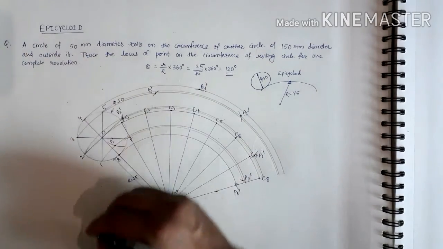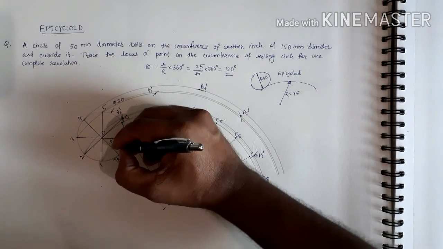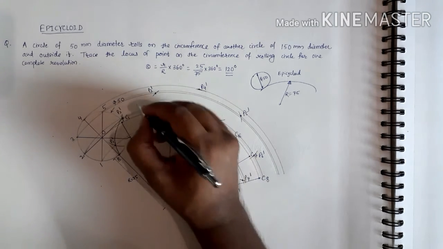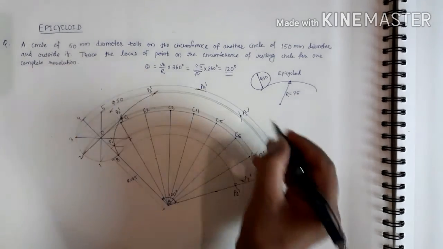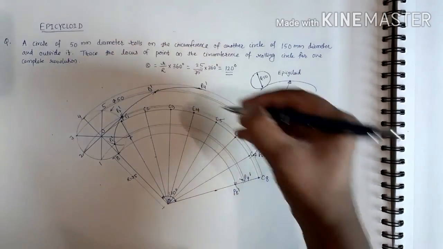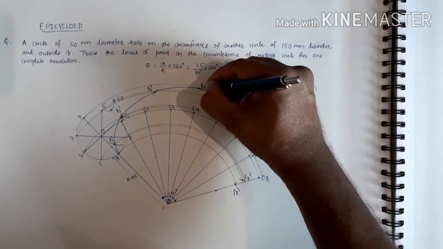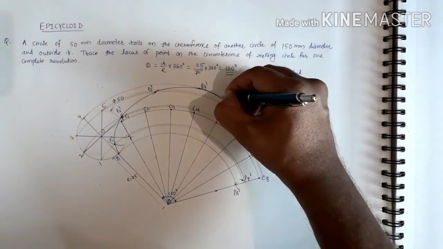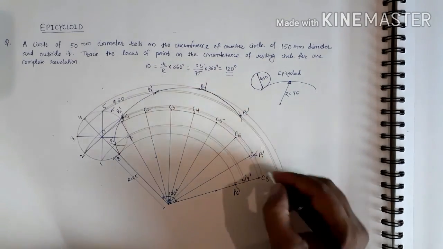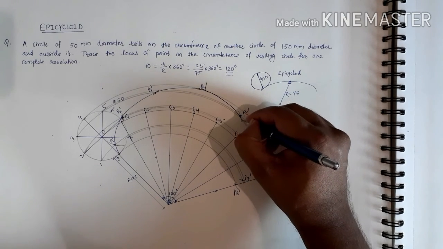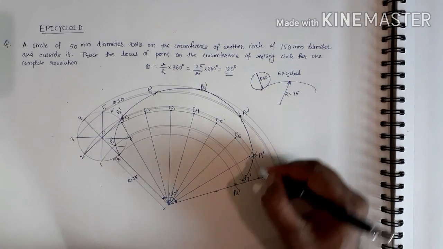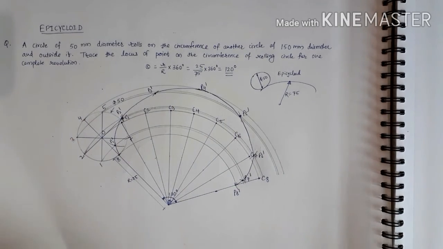Okay, so join 8, P1 dash, then P2 dash, then P3 dash, then P4 dash, then P5 dash, then P6 dash, and P7 dash and P8 dash with smooth curve.